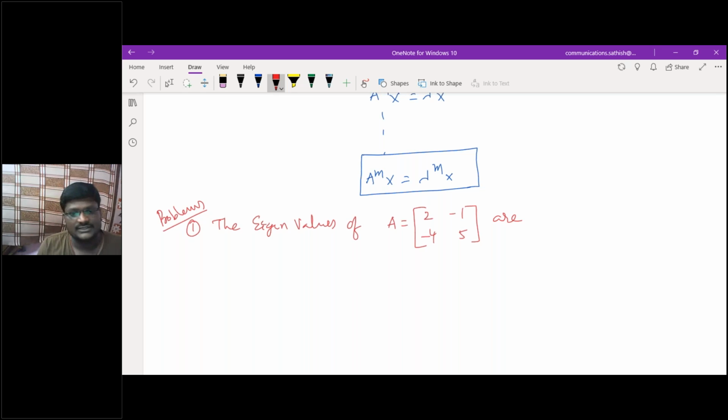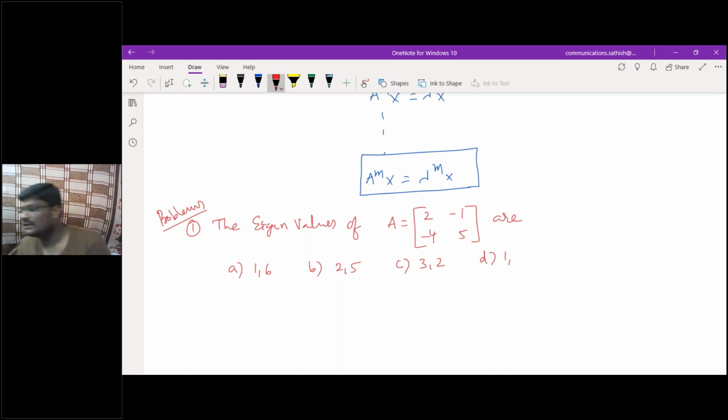The eigenvalues of this one. Option A: 1 comma 6, B: 2 comma 5, C: 3 comma 2, D: 1 comma minus 1. This is question 5, sir. The eigenvalues of this one.